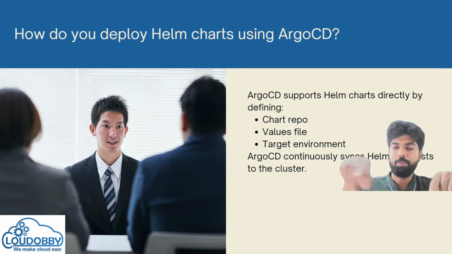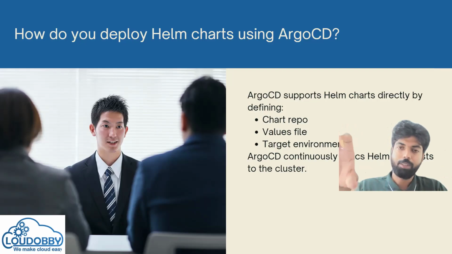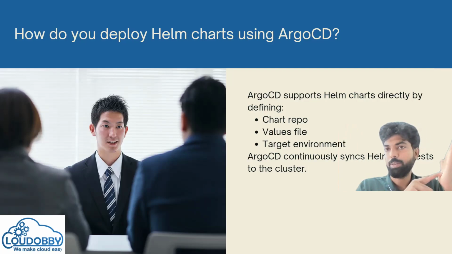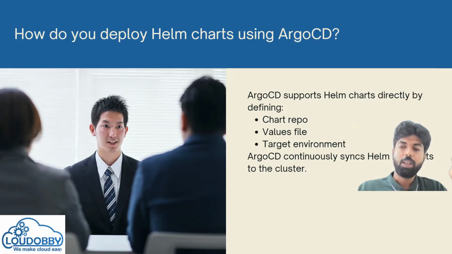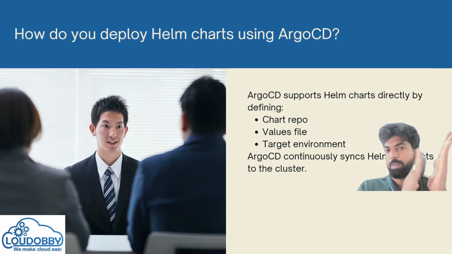From there, you will create an application and point to the particular Helm chart in Git. In the configuration, it will ask for the Git URL. Once you give the Git URL, ArgoCD starts syncing that application from the particular YAML file or Helm chart you are pointing to.